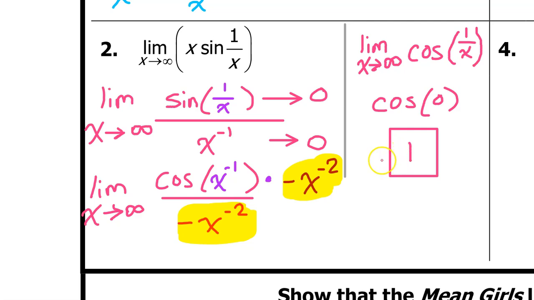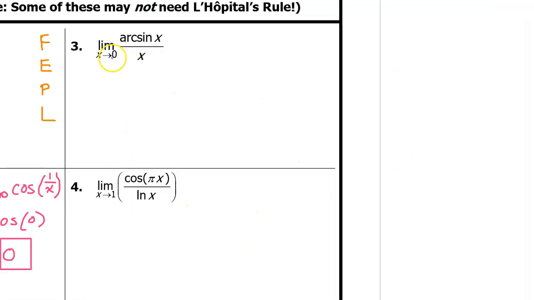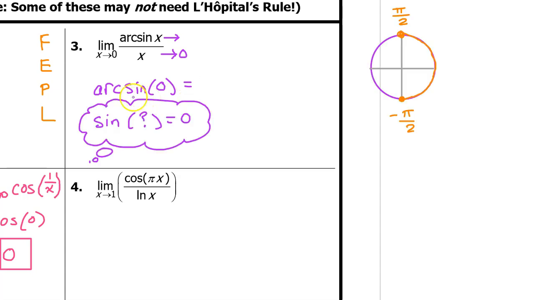So, kabam! Number 3, let's find the limit as x approaches 0 of arcsine x over x. Obviously, the denominator is approaching 0, but if we plug in 0 for x, what is the arcsine of 0? Don't forget that arcsine has a range restriction. The output values can only be between negative pi over 2 and positive pi over 2.